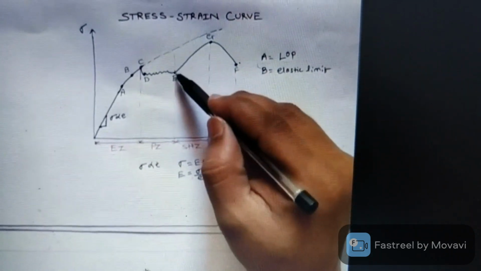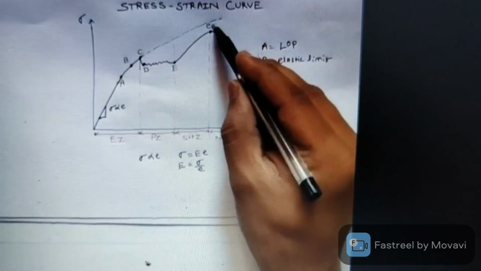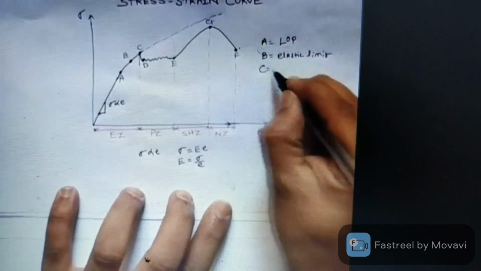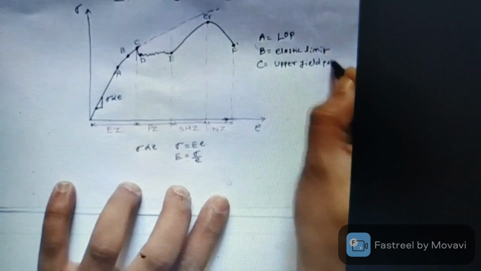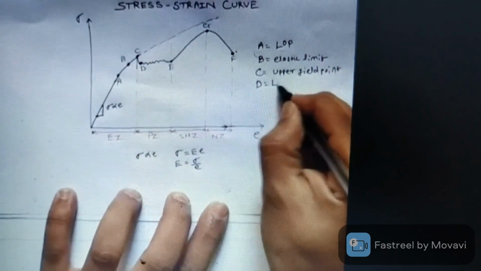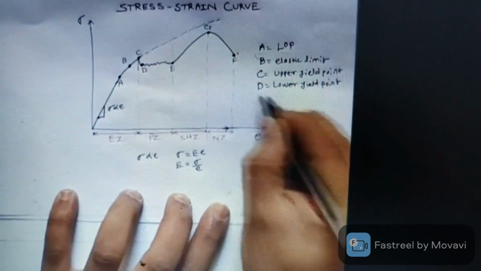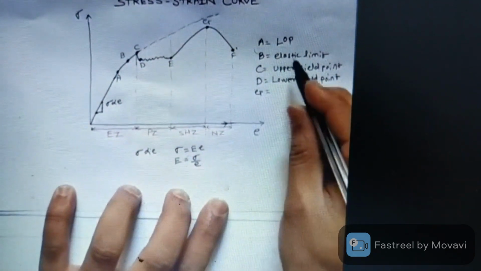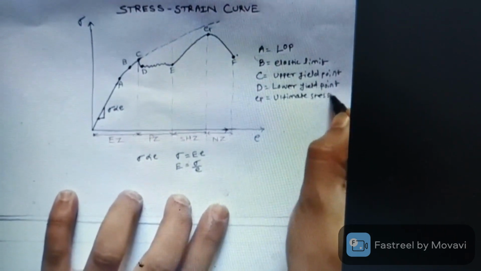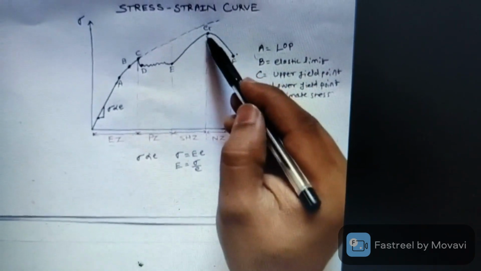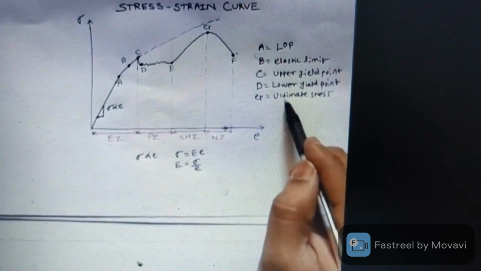After that, C was our upper yield point, then D was our lower yield point, then G is the ultimate stress. The stress which corresponds to point G is called the ultimate stress.